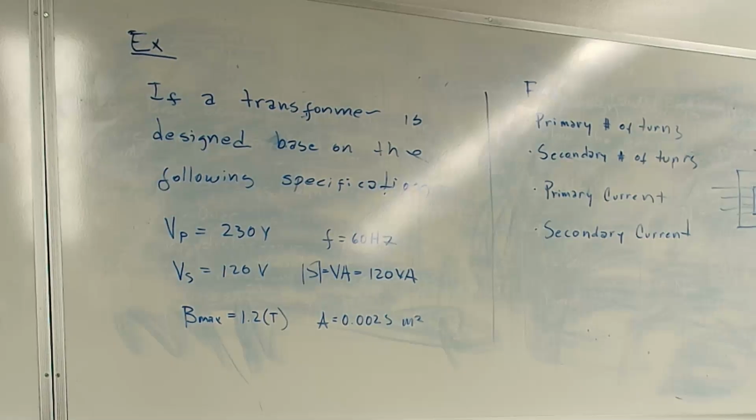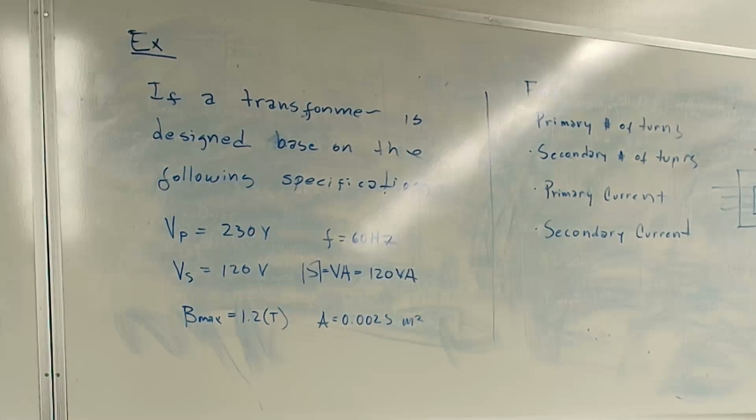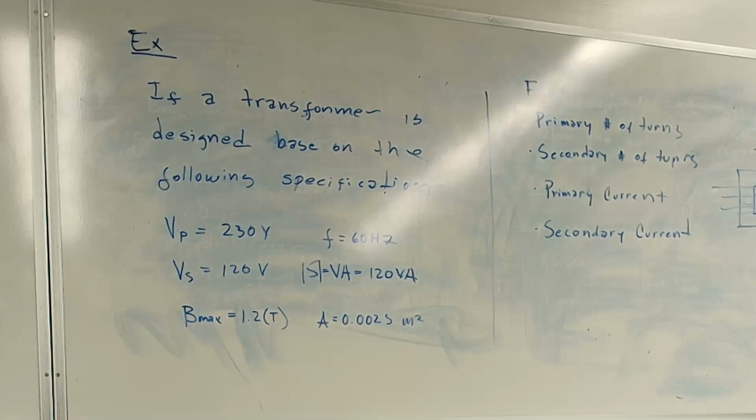So the number of turns is equal to 230. I don't have to put volts, times 4.44. What was the Teslas? 1.2 Teslas, 60 hertz, that doesn't change.